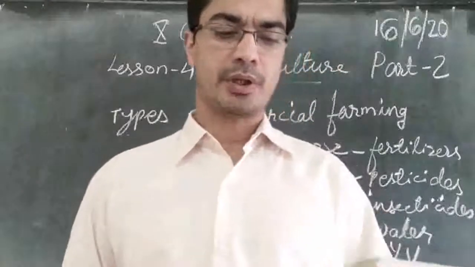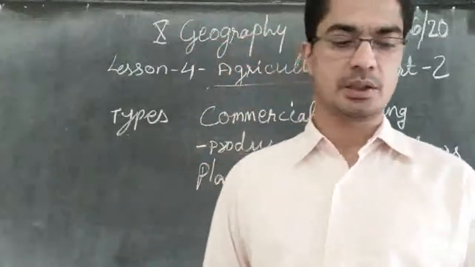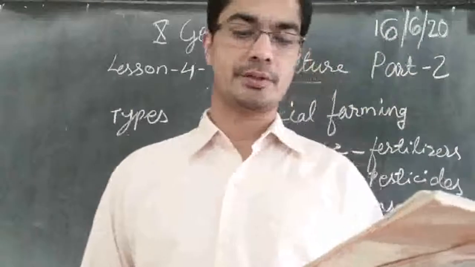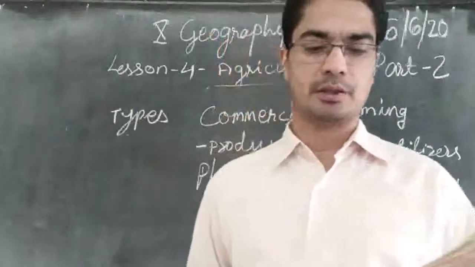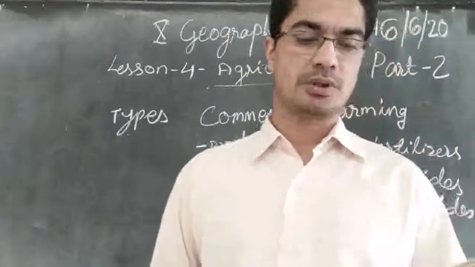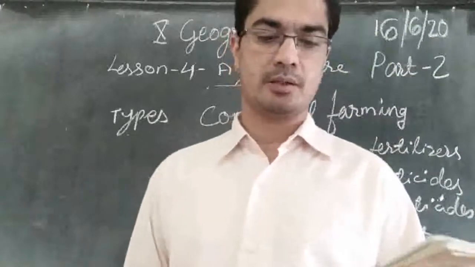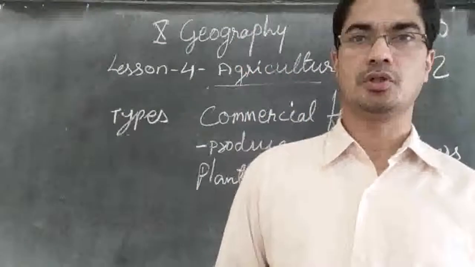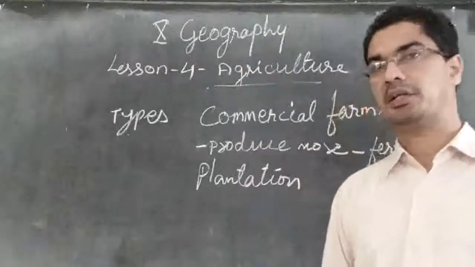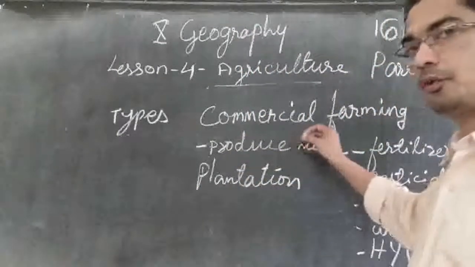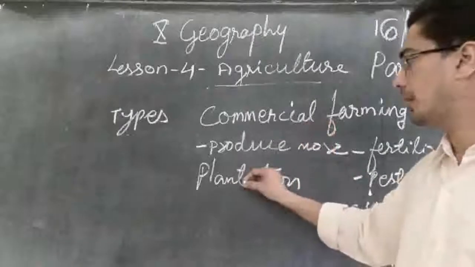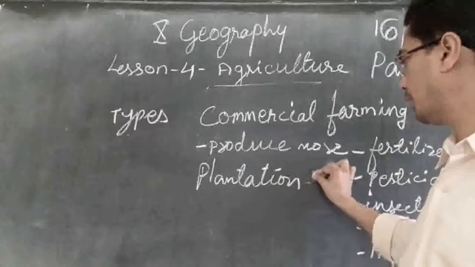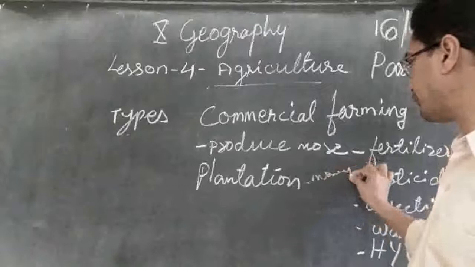And since the production is mainly for the market, a well-developed network of transport and communication connecting the plantation areas, processing industries and markets plays an important role in the development of plantations. So we said the plantation is one of the commercial farming types, and therefore the aim is to make money or profit.